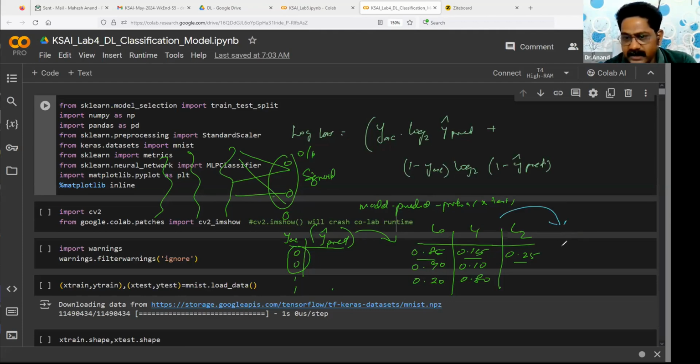After softmax, something like 0.68, this will be the least, 0.08, and 0.18.